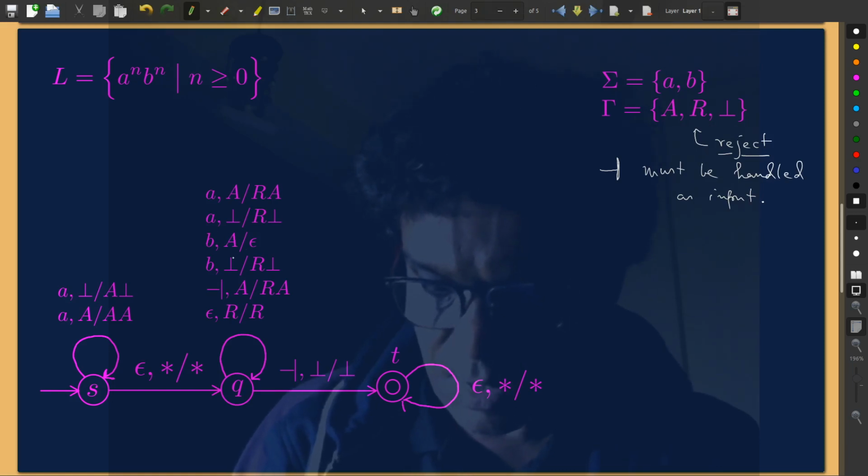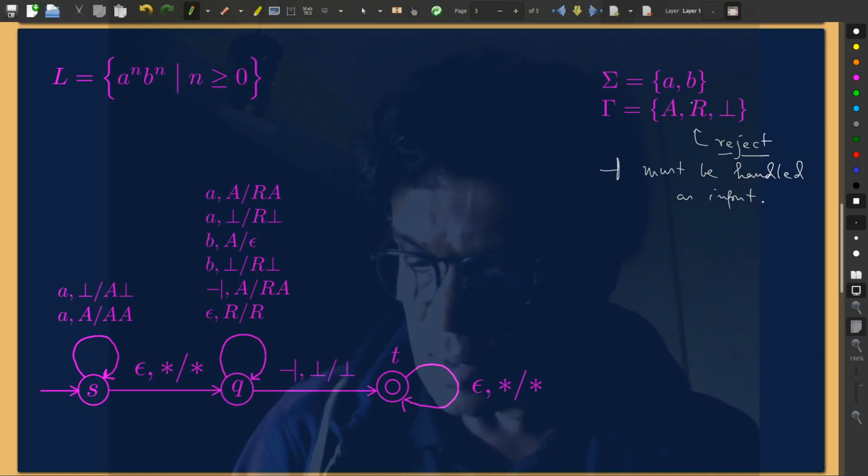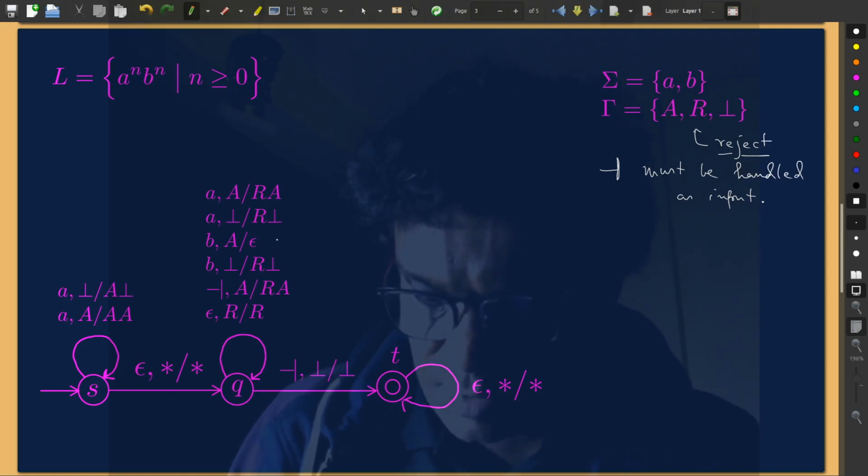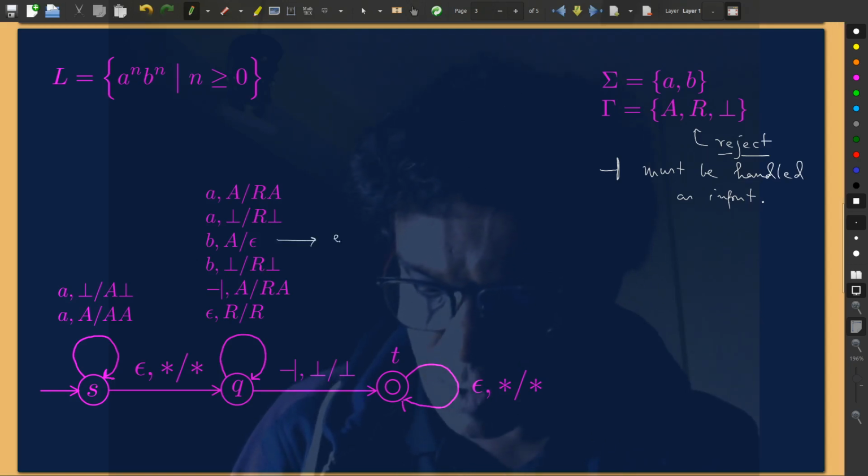Now, if B comes and the bottom of the stack is exposed, what the machine will do is push this new reject symbol on the top of the stack. So what does it mean? This is the normal operation, the earlier operation.